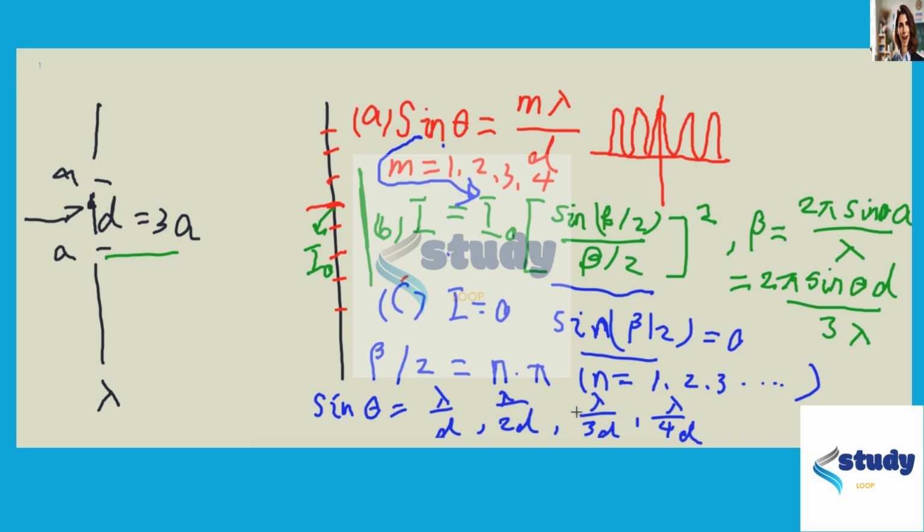What we found is 3 lambda over d, if we plug it into the equation of beta, it will give us, how much is it?